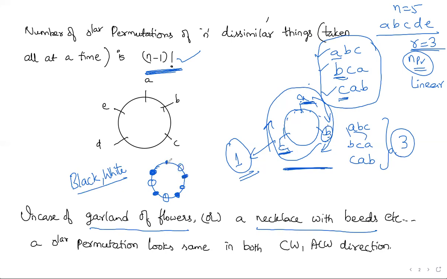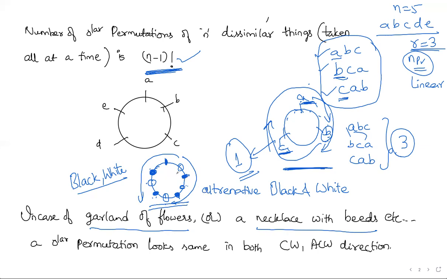For example, if you look clockwise, black and white beads are coming alternately: black, white, black, white, black, white, black. If you look anti-clockwise also, black, white, black, white, black, white. Alternately, the beads are being placed. So it doesn't matter whether it's clockwise or anti-clockwise, because both of them are the same.